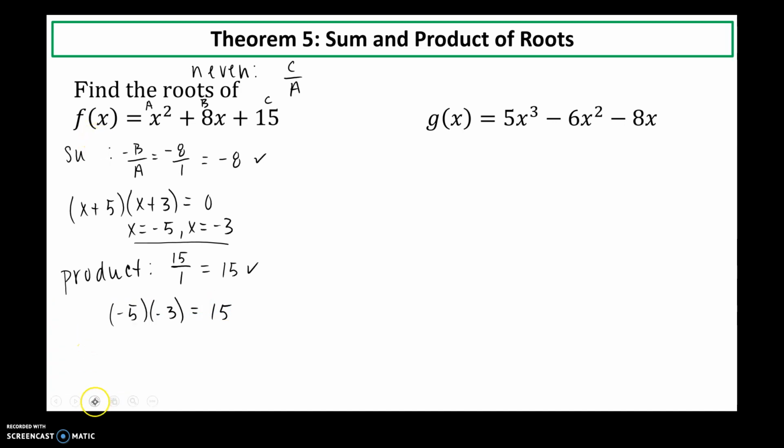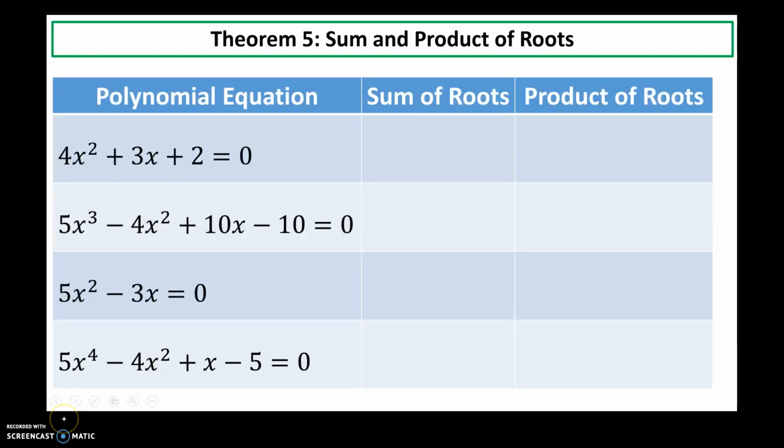All right, for the interest of time, we'll do g of x in class next time we see each other, but for homework I would like you to complete this chart. Given these 4 polynomials, find the sum of the roots and the product of the roots.